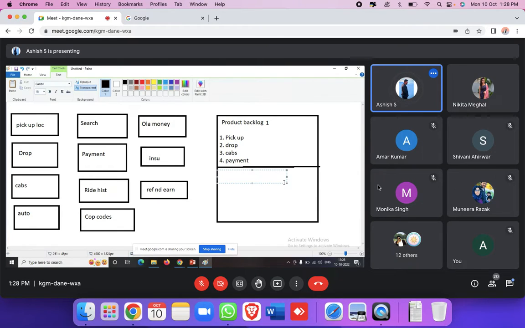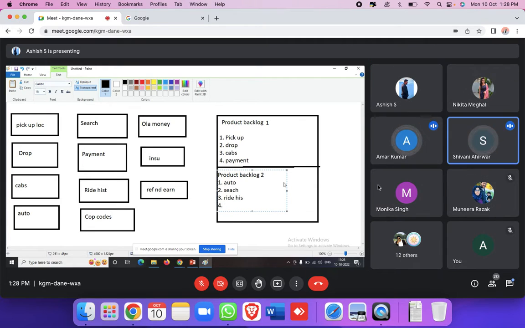Then I'll create one more product backlog, product backlog 2. In this, what all modules can we add? Auto, then search, very good. We can go for history, then Ola Money.